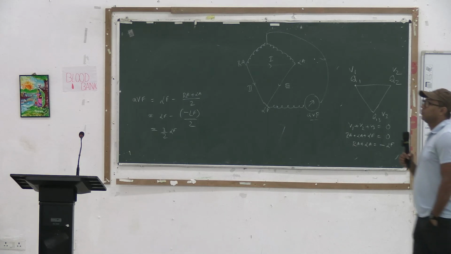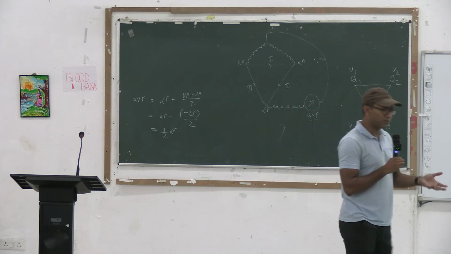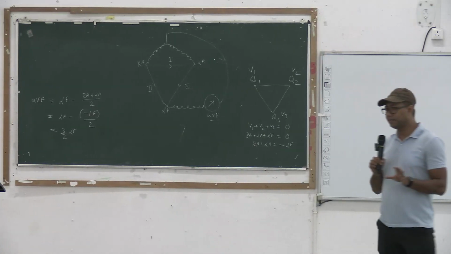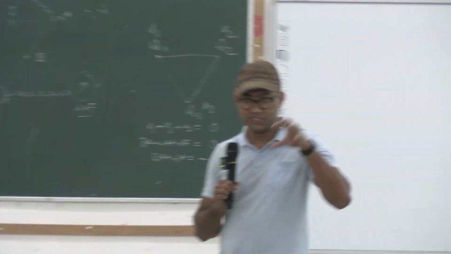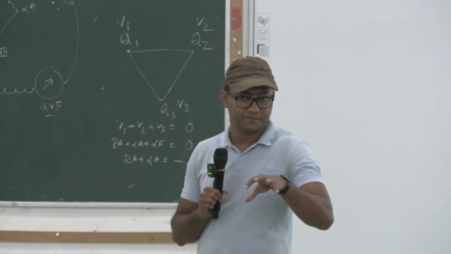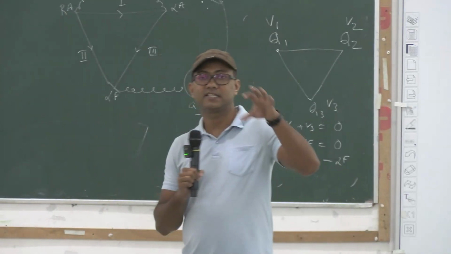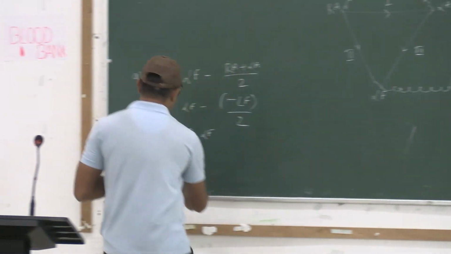is called augmented. Very often you face this question in your first professional MBBS examination: why are these leads called augmented? Because if you calculate the potential at AVF, it comes to 3 by 2 LF, that means 1.5 LF, right?